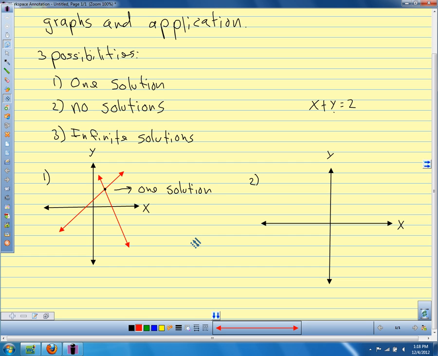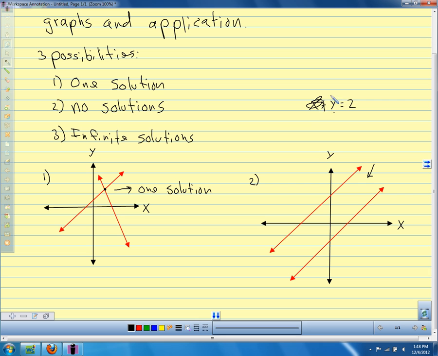Parallel lines. Our graphs are lines that look like this. They never meet. They're parallel. So if we solved our equations for no solutions and simplified them, we end up with two lines with the same slope.